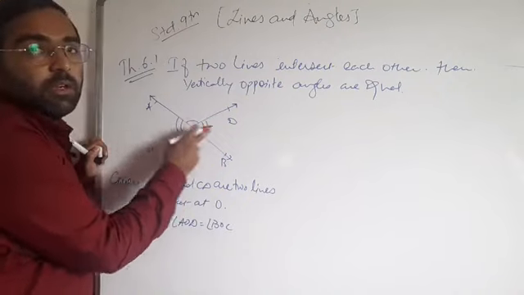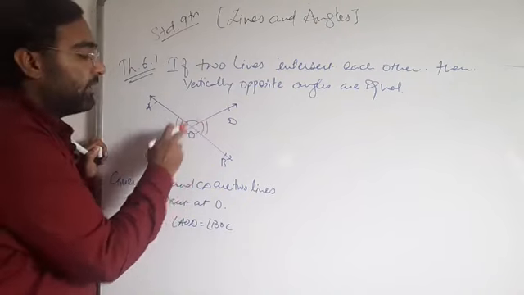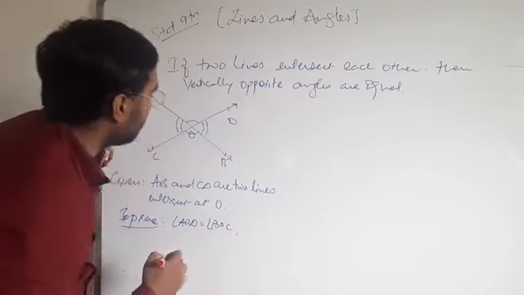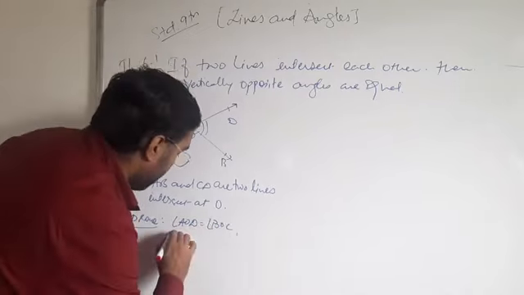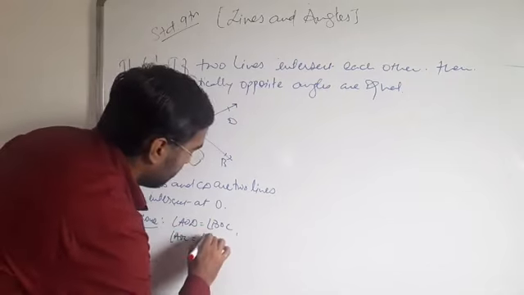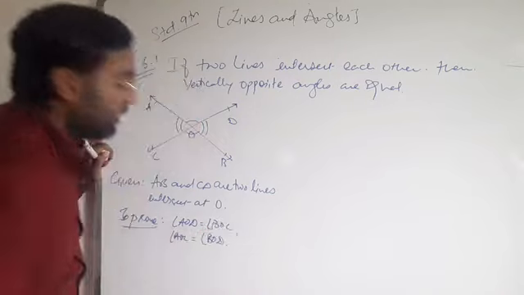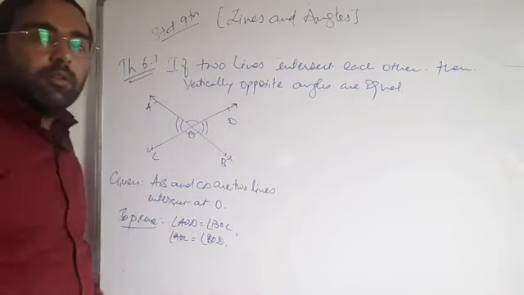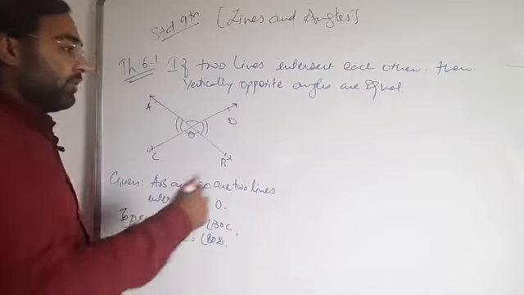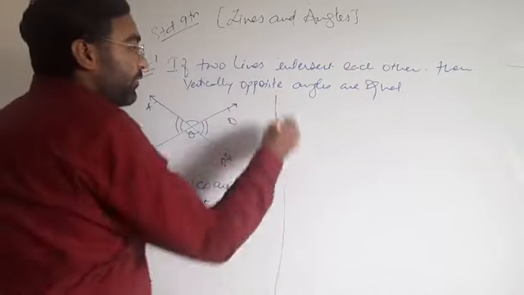This pair and this pair are vertically opposite. We need to prove these. Now we go for the proof.